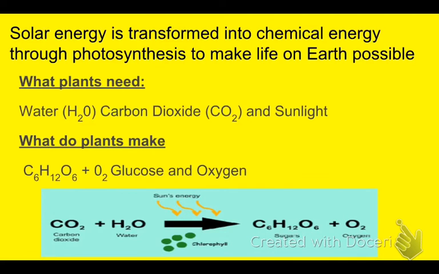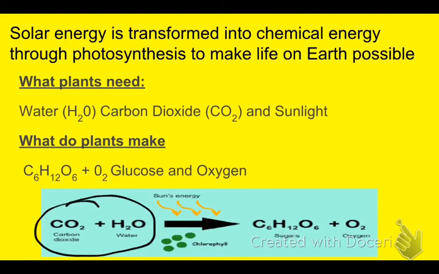So what do we do with all of this energy coming in on our different land surfaces? Well, we allow solar energy to be transferred into chemical energy through photosynthesis, and you guys already know this. It makes life on Earth possible. It allows food to be made. So what do plants need? They need water and carbon dioxide and sunlight.